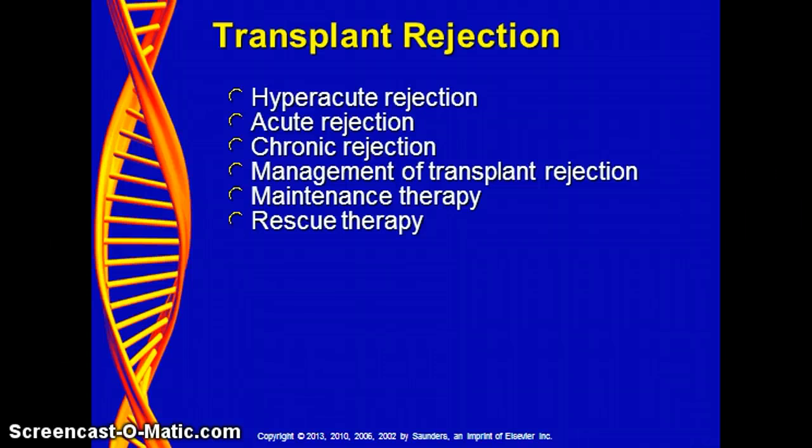With rescue therapy, that's used to treat acute rejection episodes, and these may be used in addition to or in place of the maintenance drugs that we have talked about. But you may see that antibodies that are produced in animals may be injected into the patient to prevent the reaction.